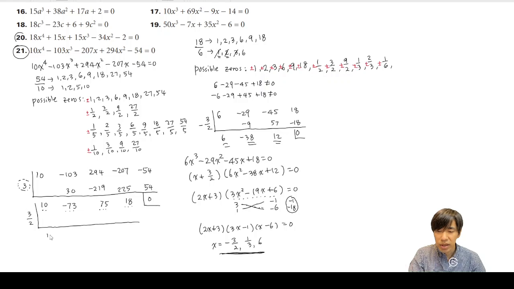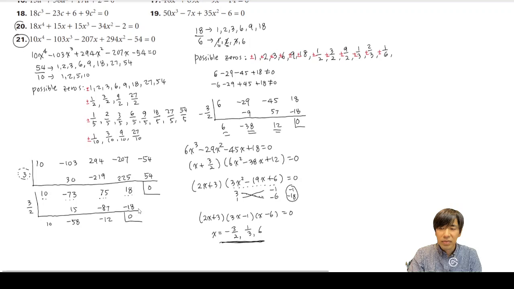So this is 10, multiplying together, you get 15. Then this is negative 58, negative 29, multiplying together, negative 29 times 3, so that's negative 87. Add them together, you get negative 12. Multiply them together, then you get, wow, negative 18. My memory was correct.